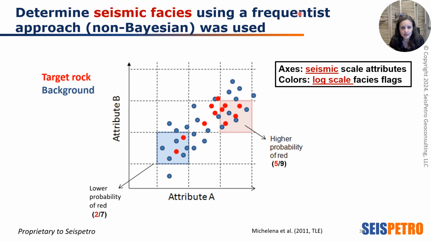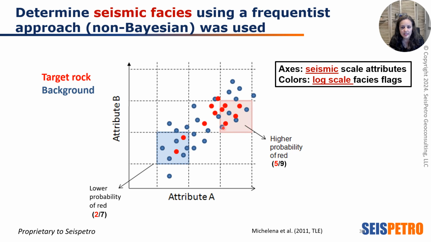We then subdivide the cross plot into different cells and count how many points for each of the facies we have in each cell. So in this case here, we have 2 out of 7 is red, and in this one here, we have 5 of 9.